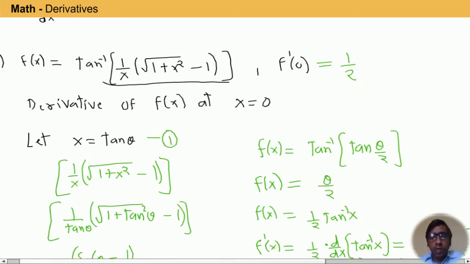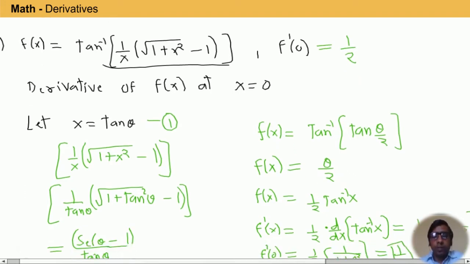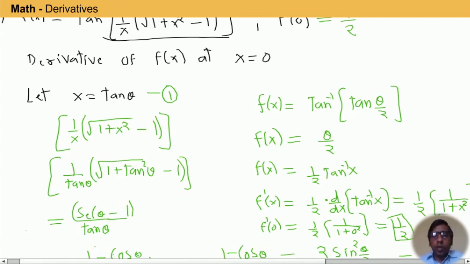We know that tan inverse of tan x is x, so just simplifying, 1 by 2 theta. Now from the first equation, theta equal to tan inverse of x. Substituting here 1 over 2, the derivative of tan inverse x. Now we know that the derivative of tan inverse x is 1 over 1 plus x square. At the end, substituting x equal to 0, the final answer is 1 by 2.